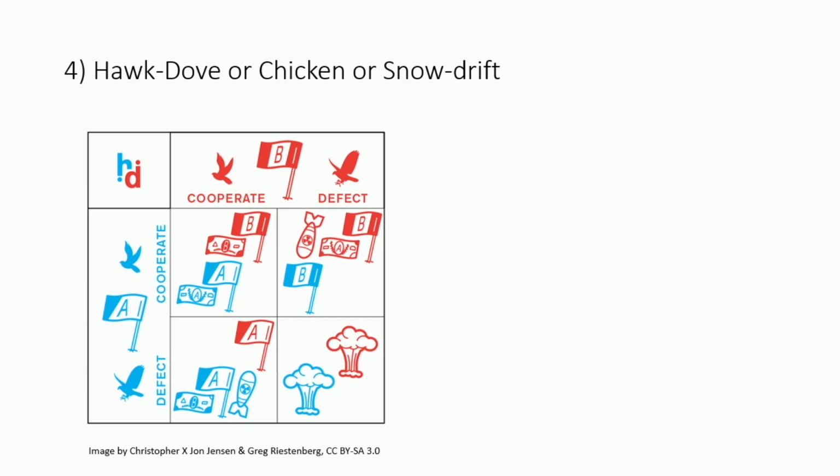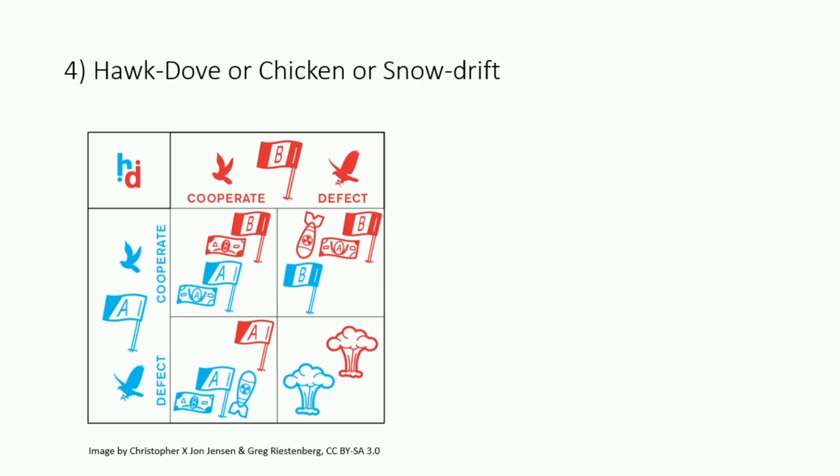Cooperation basically means that you can trade and peacefully live together. Defect basically means that you nuke the other guy. That's basically defection.